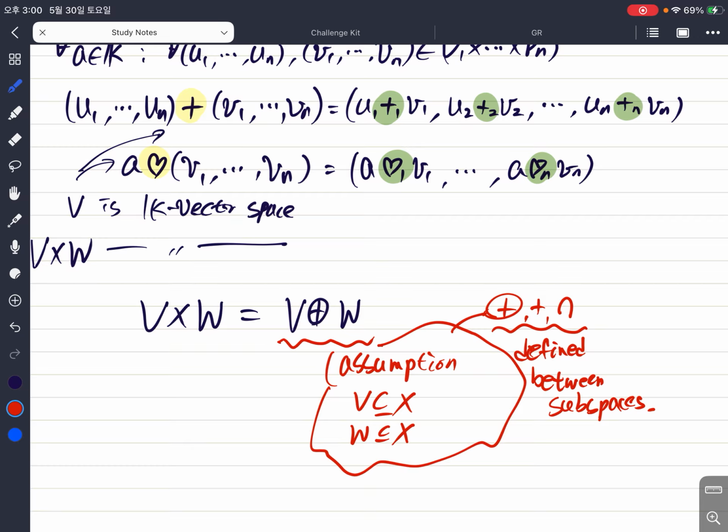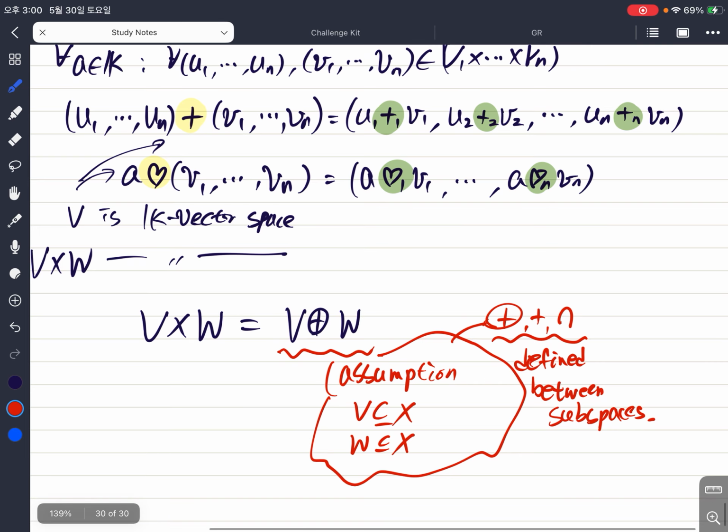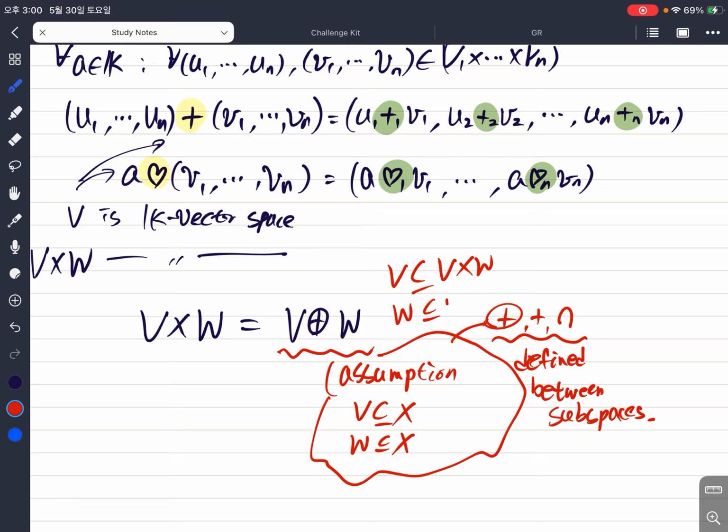So we cannot say that in general, but because we can say simply that V is a subset of V times W, and W is a subset of V times W, from this being true and this being true, we can write this.